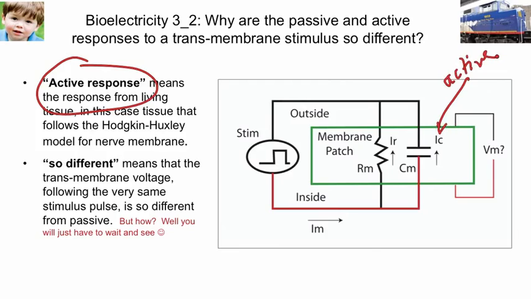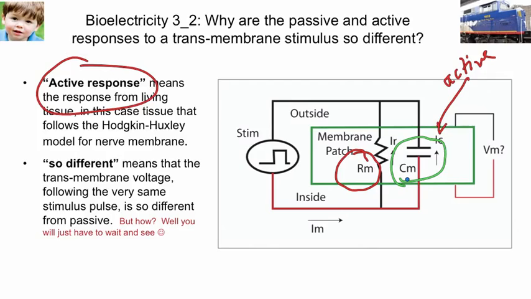What that means is that the resistance will change around in its own unique living way to be different resistances at different moments in time. On the other hand, the capacitance, this part, is not going to change. It's going to stay exactly the same because, as you recall, the capacitance comes from the fact of the membrane structure. It has a certain thickness, and it's in contact with conducting solutions on each side.